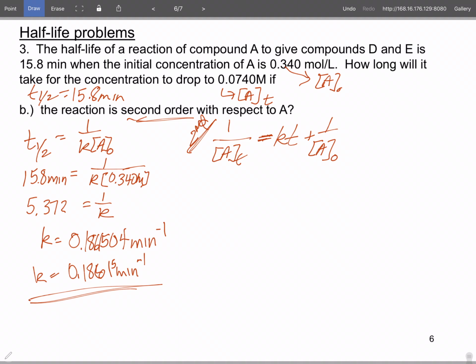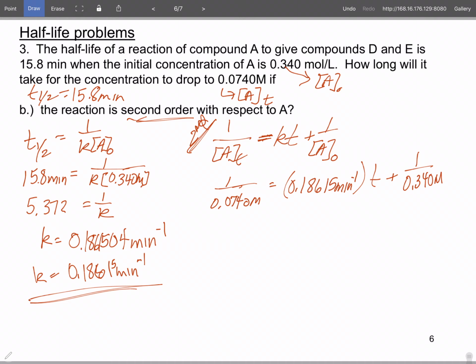So it looks totally different. So what we have here is 1 over 0.0740 molar is equal to k, which is 0.18615 minutes to the minus 1 times t plus 1 over 0.340 molar.